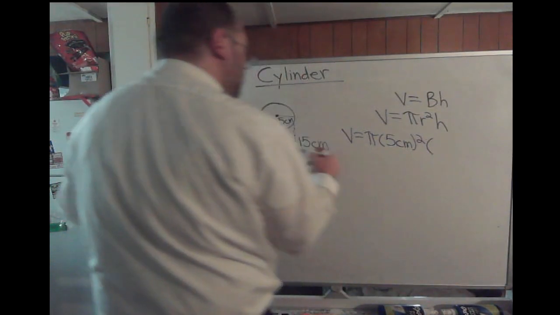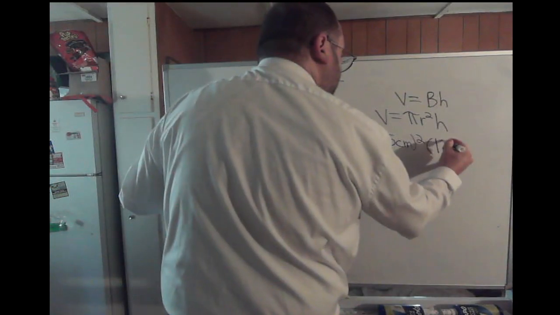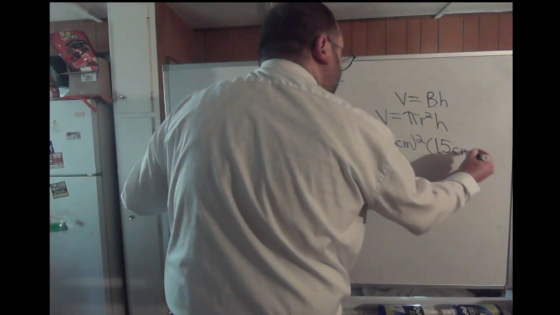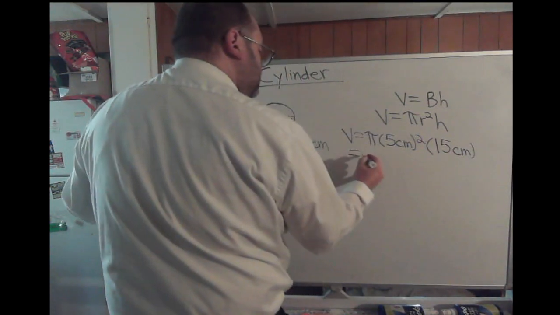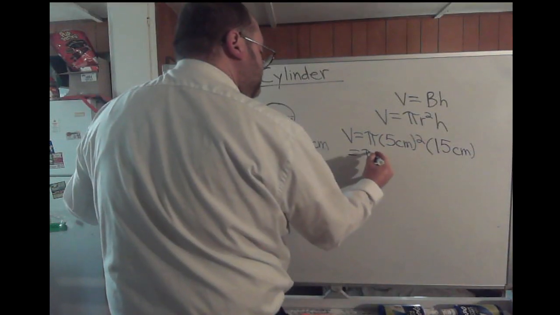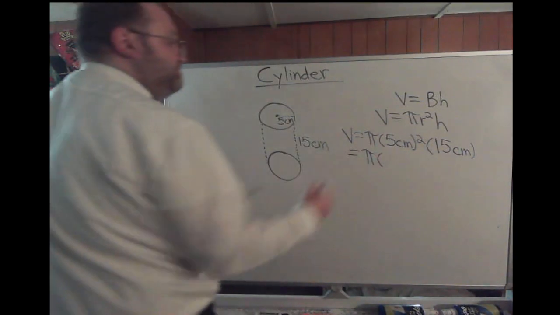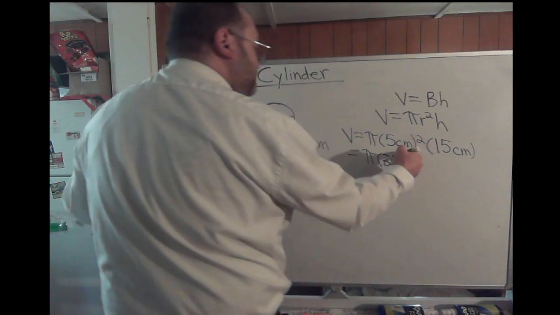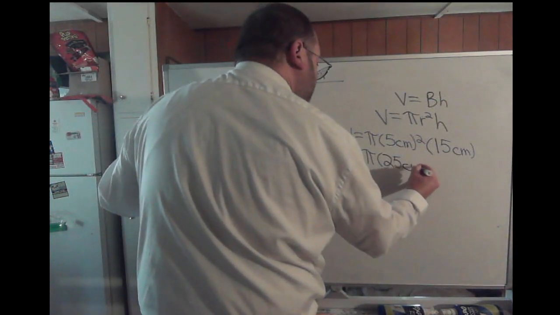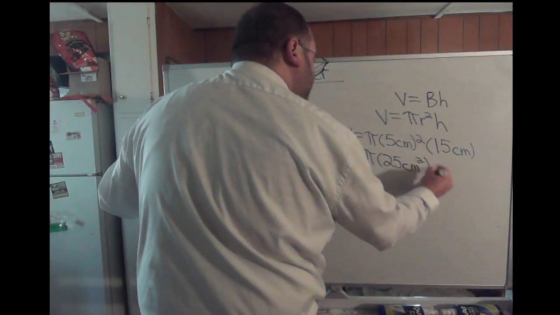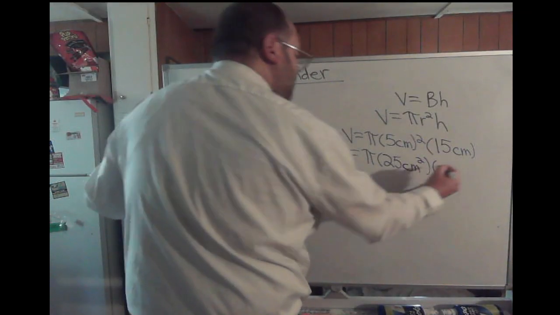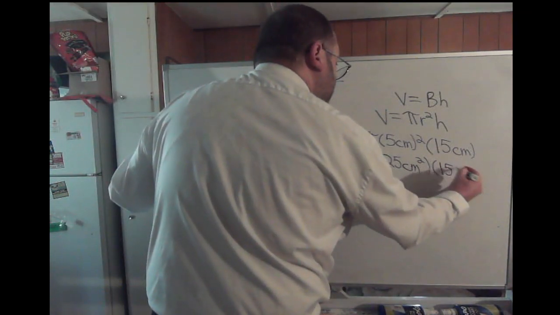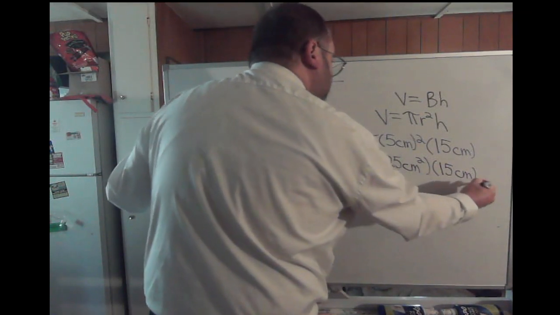We'll take that times the height of 15 centimeters of the cylinder. So we'll still have pi on the outside, but the 5 squared, that's going to be 25 centimeters to the second power. That's just square centimeters. Then you'll have that times 15 centimeters.